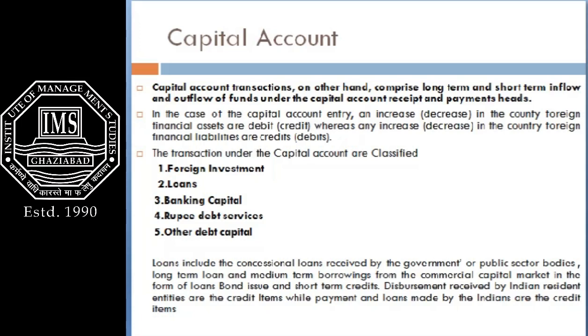While talking about loans, I have already mentioned that loans include the concessional loan received by the government and public sector bodies, long-term and medium-term borrowing from the commercial capital market in the form of loans, bond issues, and short-term credit. Disbursements received by Indian resident entities are credit items, while payments on loans made by the Indian entities are debit items.